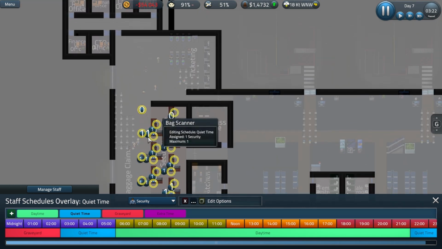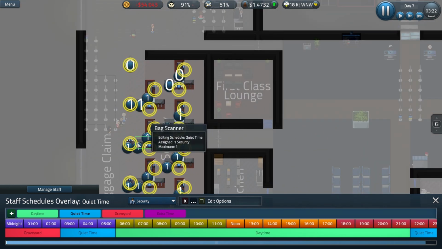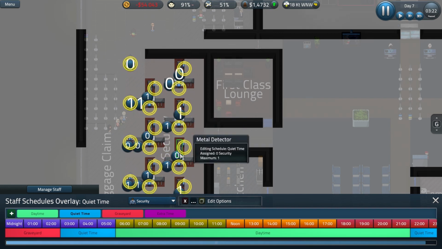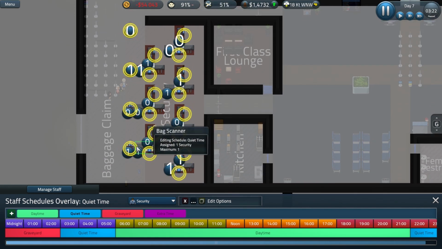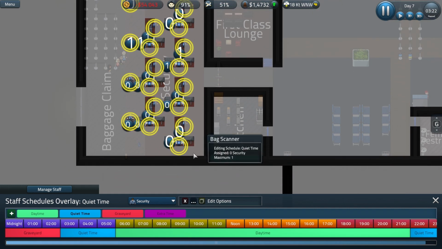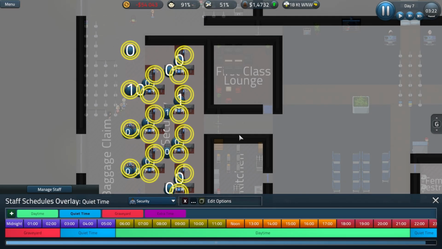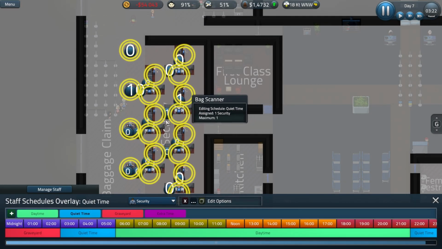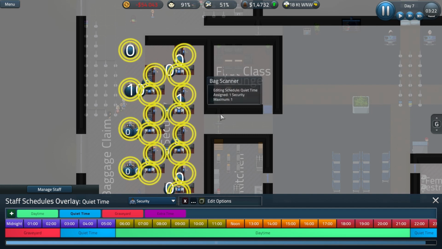We don't expect high volumes, so I'm only going to keep 2 of the 7 stations open. So for our quiet time, we want 2 stations open, and during the graveyard slot, only 1 of the stations, being a bag scanner and a metal detector, should be open.